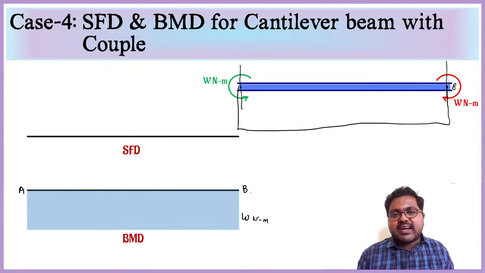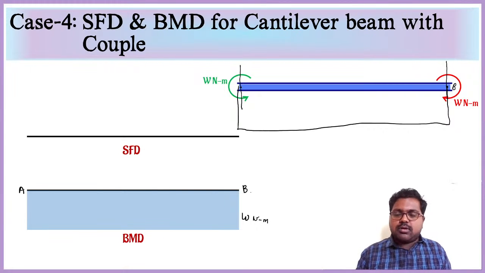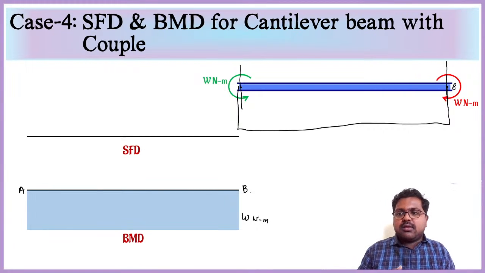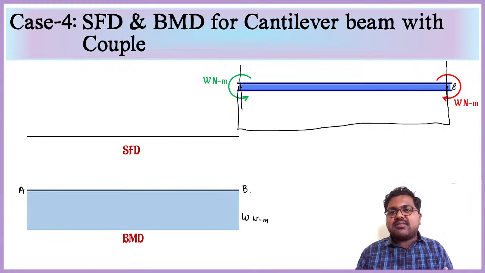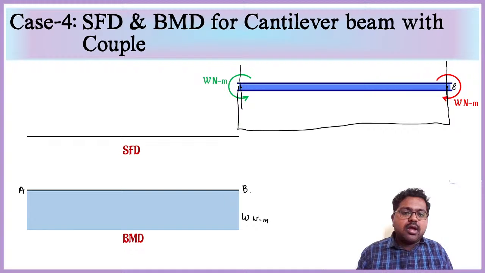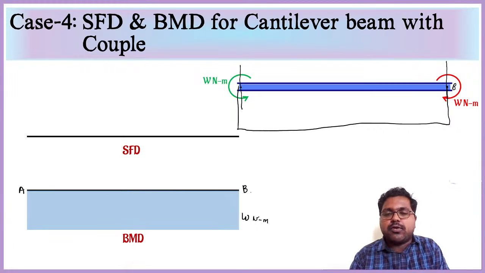If there are no normal forces, there is no chance of shearing it off, so no shear force will be there. When only a couple is acting, no shear force is altered, only the bending moment is altered. That's why here the shear force diagram is completely 0, and we have the bending moment diagram. That is for case 4.